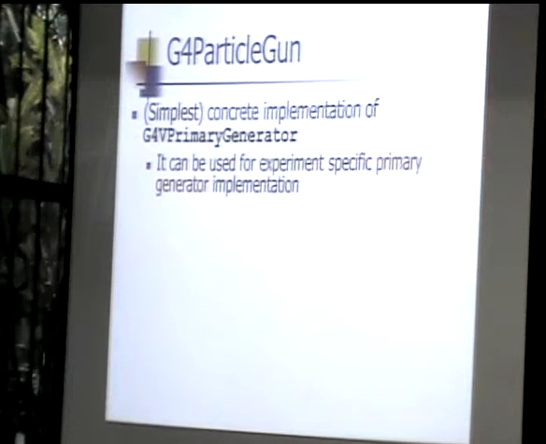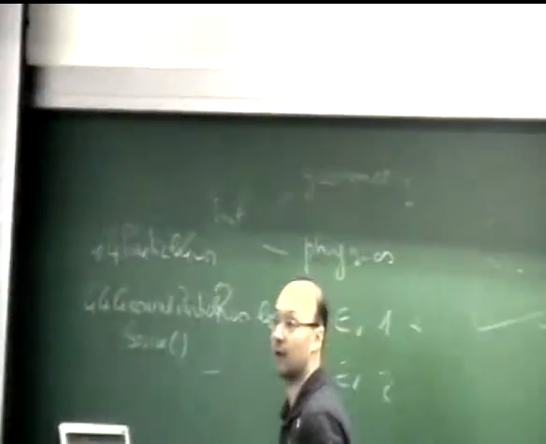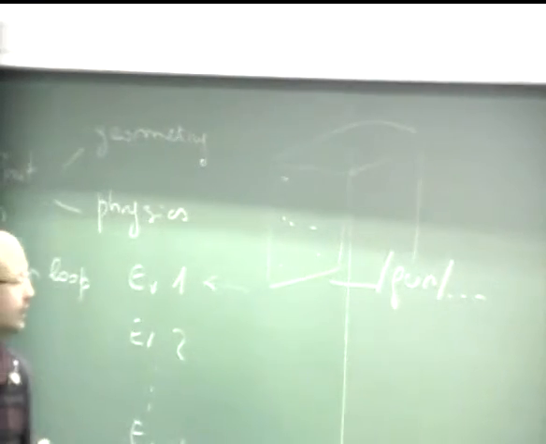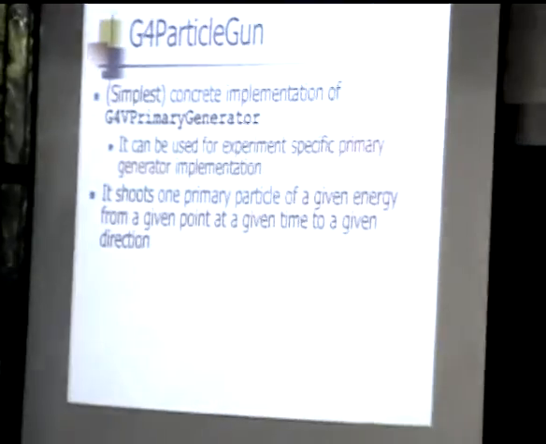The simplest generator is the G4ParticleGun, which is what is used in the examples that you have seen so far. When you give /gun commands, like you tried yesterday, such as /gun/energy, /gun/direction, /gun/particle, you are using the G4ParticleGun.